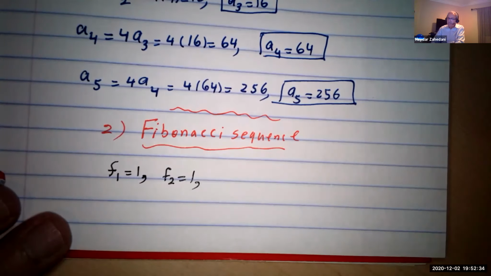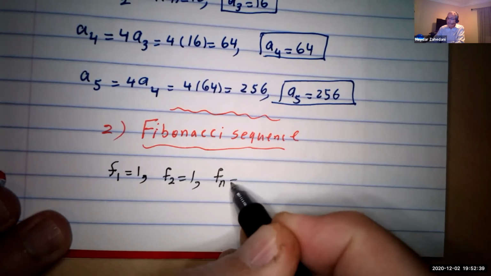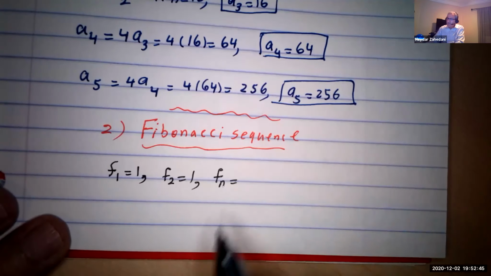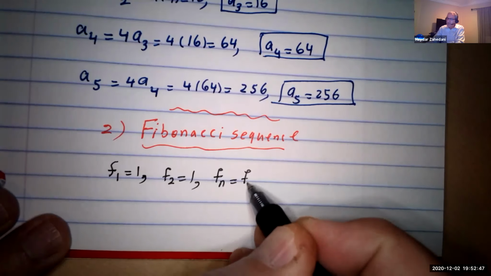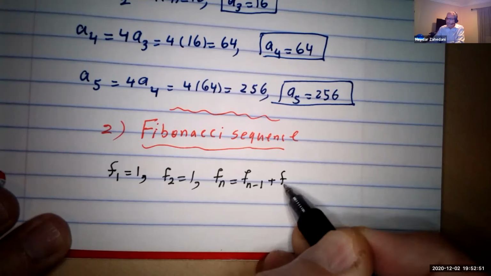Then in general, if you want to find Fn, it's going to be the sum of its two previous terms. So Fn is equal to Fn minus 1 plus Fn minus 2.